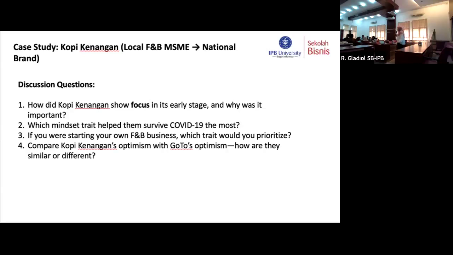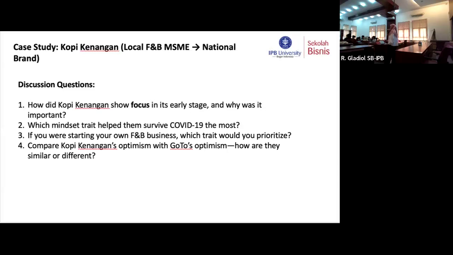Like they said, they keep the menu very simple at first, like their signature product, kopi susu gula, chocolate, something like that. And the place is very comfortable and comfy. It's like a very low setting, the ambience is very calm.